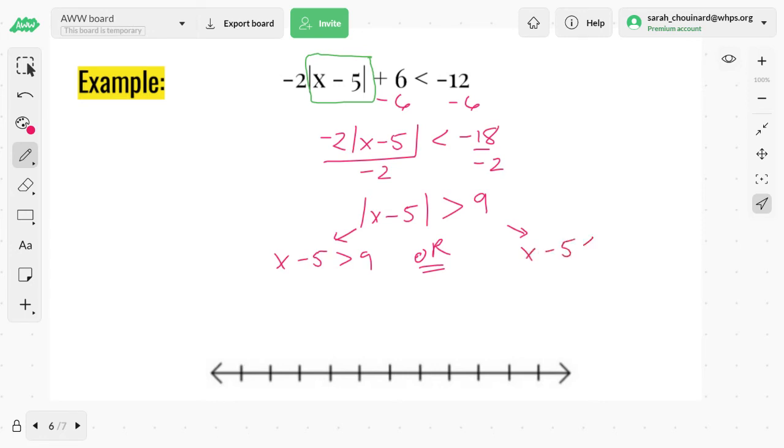Second one, I'm going to change the symbol, change the sign, so it becomes less than -9. And then I just solve each one separately. So x is greater than 14, or x is less than -4. And again, these are open circles because there's no line underneath the inequality symbol, so we don't shade in the circles.